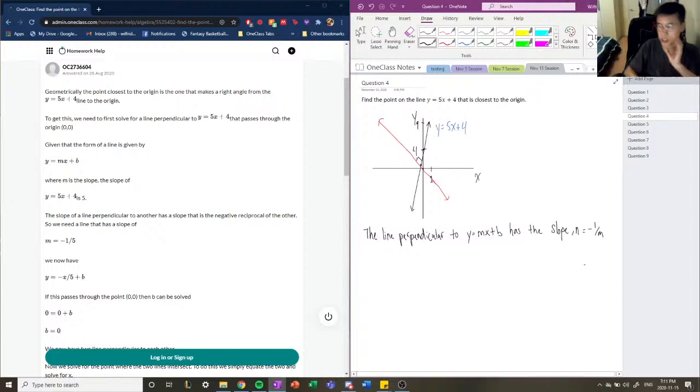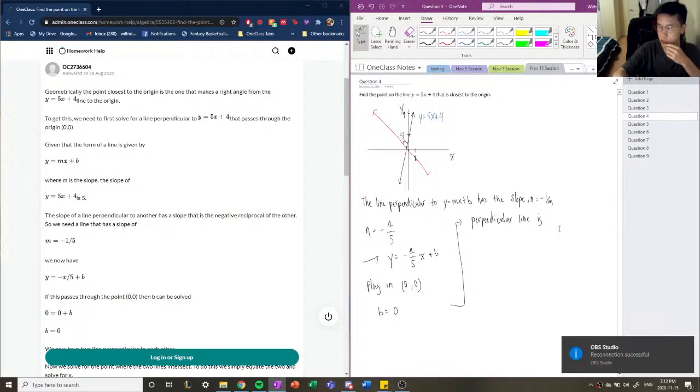So this is a fact that we need to use to solve this question.